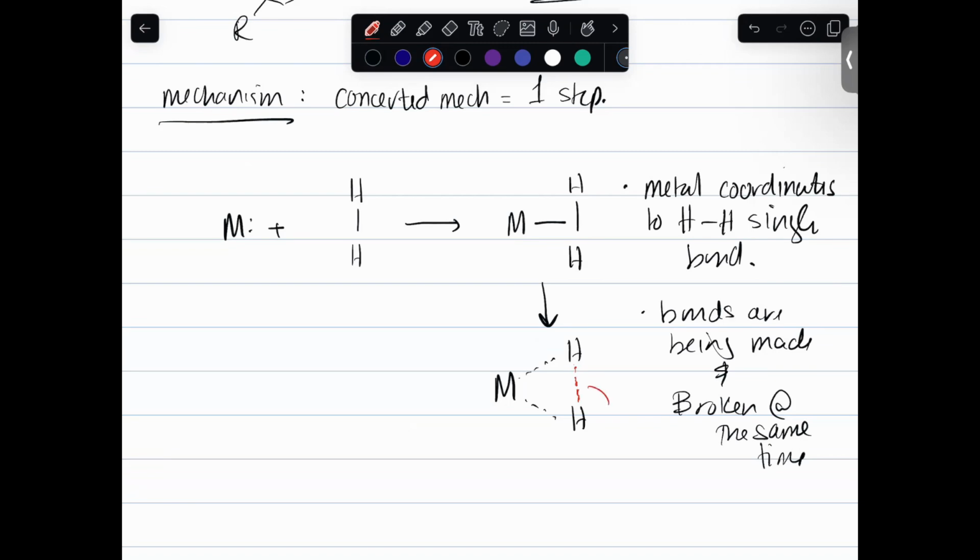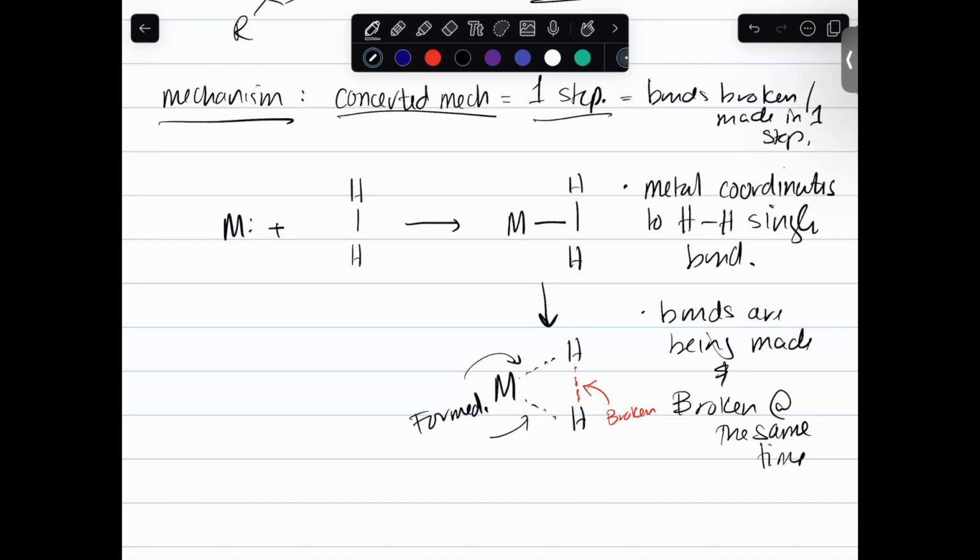So this is being broken, and these are being formed. And so this is a one-step concerted mechanism, right? Bonds broken, made in one step.